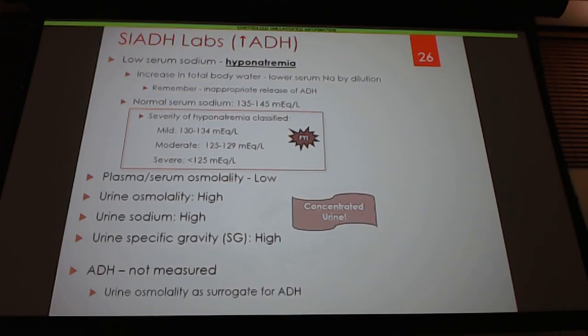Really dark colored urine. And then there is a lab test to actually check ADH, but we don't measure that directly in these patients because remember it's an inappropriate release, so instead we rely on the urine osmolality. That makes it concentrated urine and then low serum osmolality, low sodium.